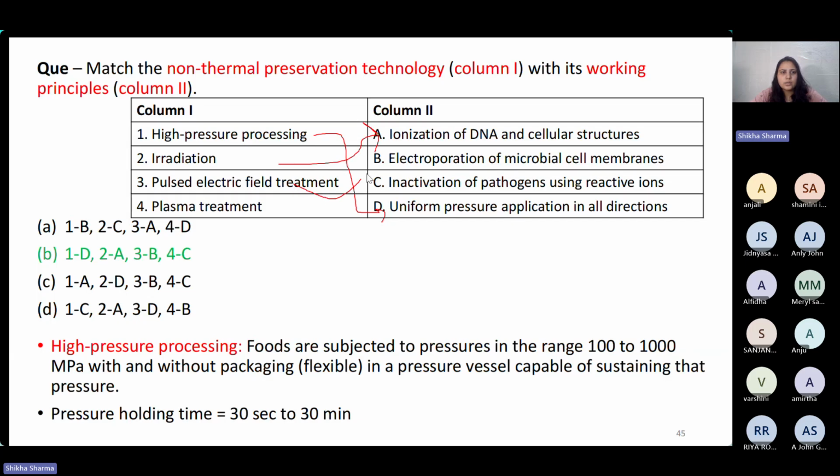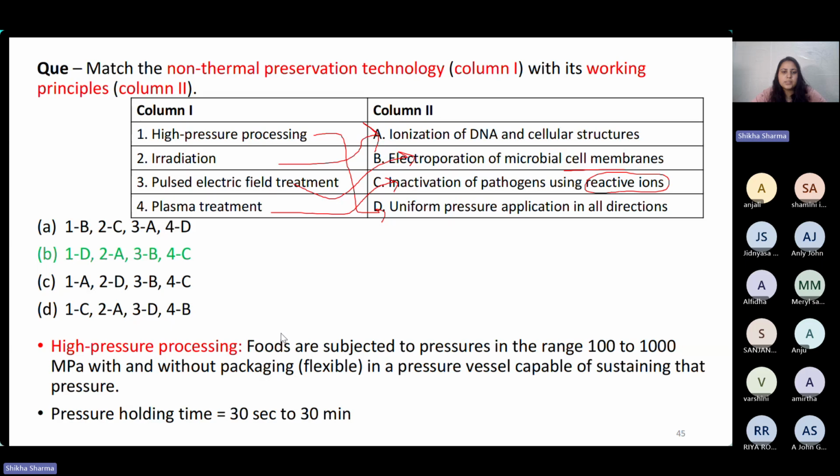Pulsed electric field is related to electroporation of the cell membranes, which we discussed already, and plasma is related to inactivation of the pathogens using reactive ions, where we use electrons, protons, and many ions, which are going to inactivate the pathogens.